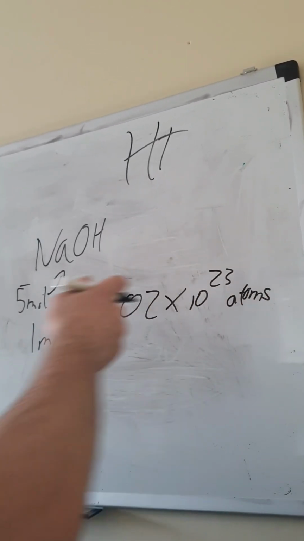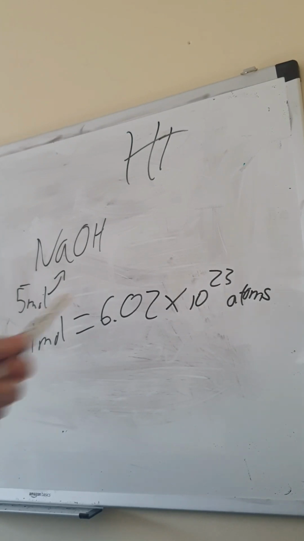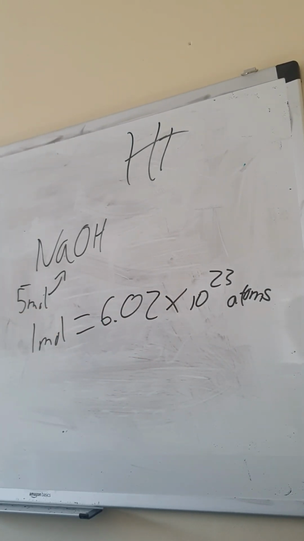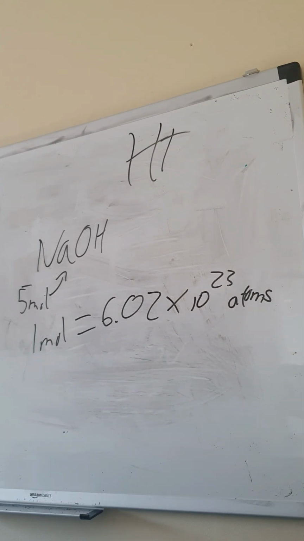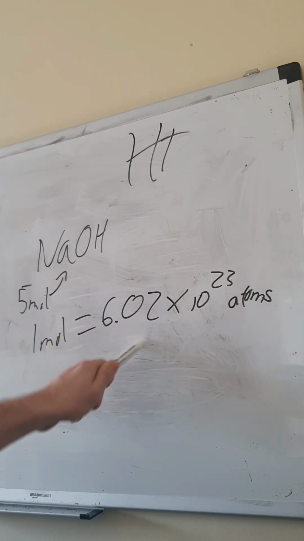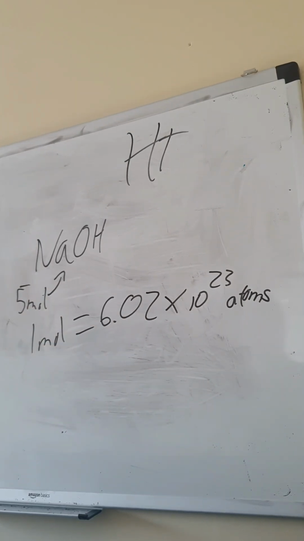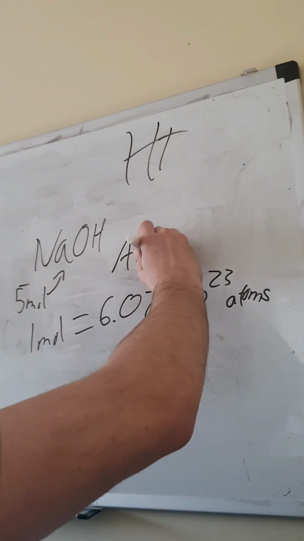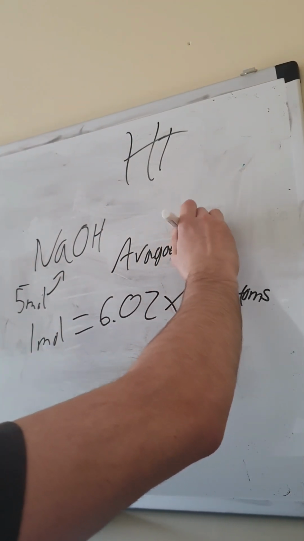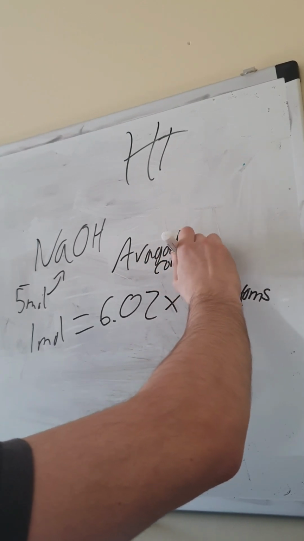And if you just put that in your calculator and you just keep multiplying, it is a massive number. So that's a lot of atoms in 1 mole. And so 1 mole is really just a shorthand, a short way of saying I have 6.02 times 10 to the 23rd atoms. And this is called the Avogadro constant.